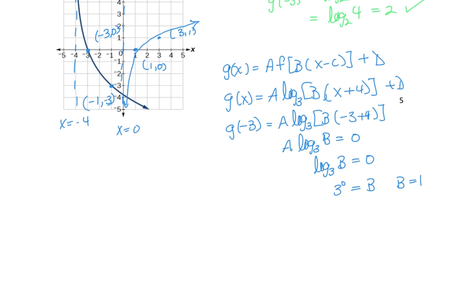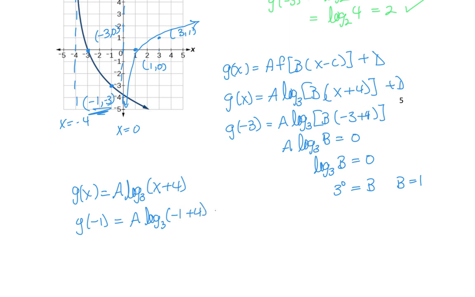So what I now have is g of x is equal to a, the log base 3 of x plus 4. Now I'm going to check this other point right here. So I'm going to do g of negative 1 is equal to a, the log base 3 of negative 1 plus 4, and it needs to equal negative 3.